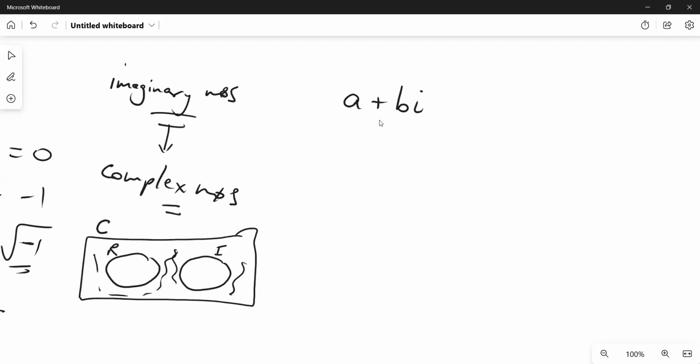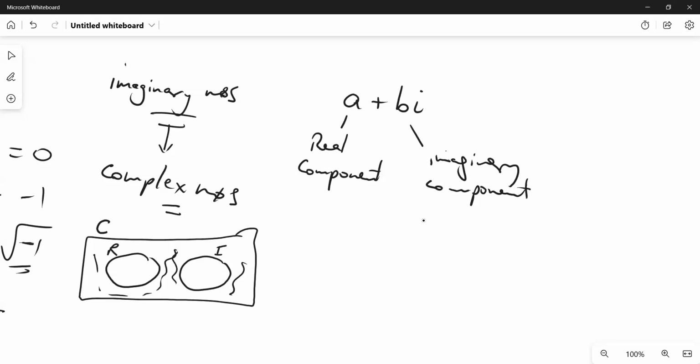So this here is a complex number that has a real component, and then you have an imaginary component, right?